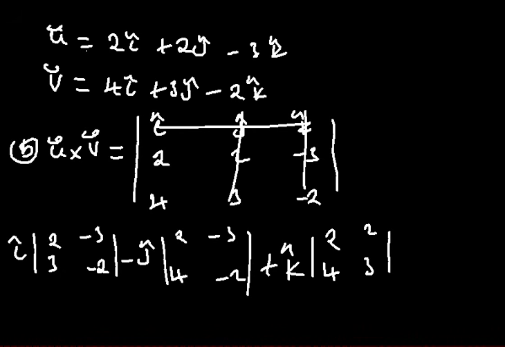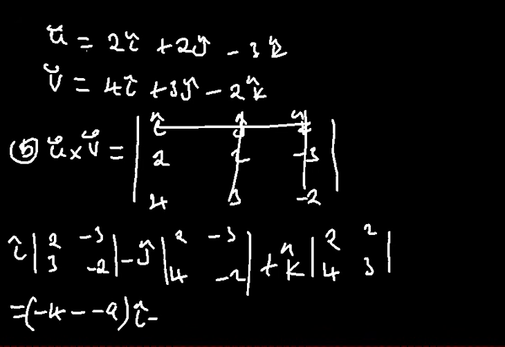And from there we'll have 2 times negative 2, that is negative 4, minus 3 times negative 3, that is negative 9. We'll have negative 9, that is i hat.